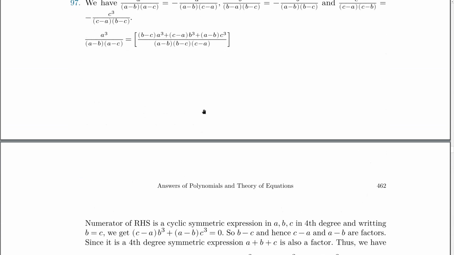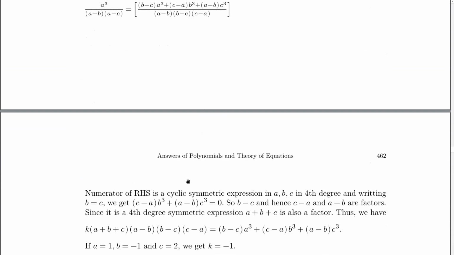Once we have that, we see that the right hand side is a cyclic symmetric expression in a, b, c of fourth degree. Writing b = c, we get (c-a)b^3 + (a-b)c^3 = 0. So b-a and hence c-a and a-b are factors. Since it's a fourth degree symmetric expression, a+b+c is also a factor.